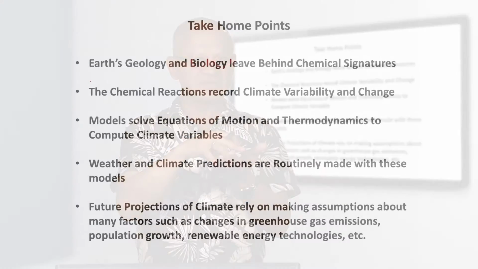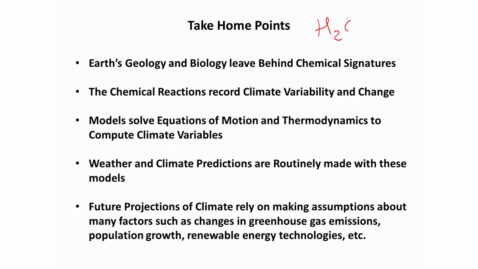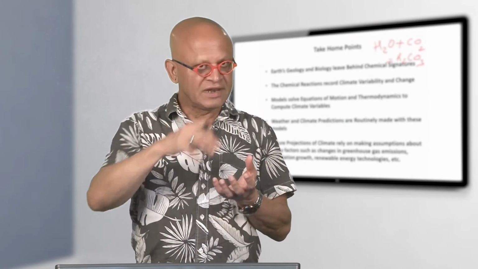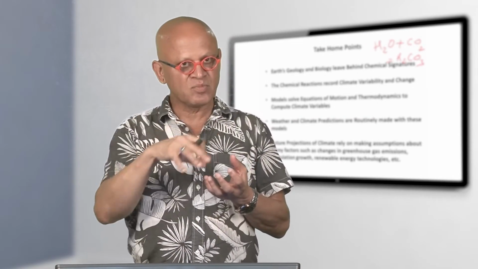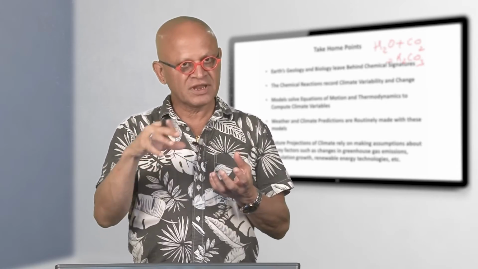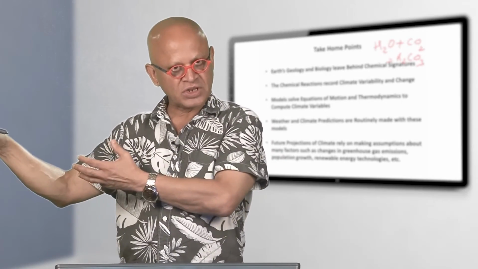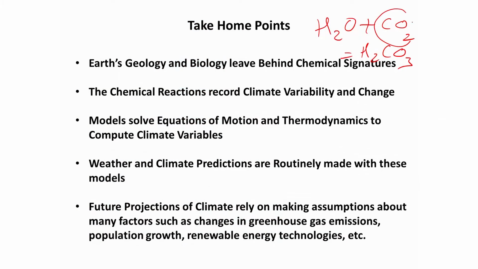Basically, weathering is water in the atmosphere taking CO2 and producing carbonic acid, and that carbonic acid is leaching the rock and producing calcium carbonate and so on that is flowing into the ocean. This is a very important process of removing carbon dioxide from the atmosphere.